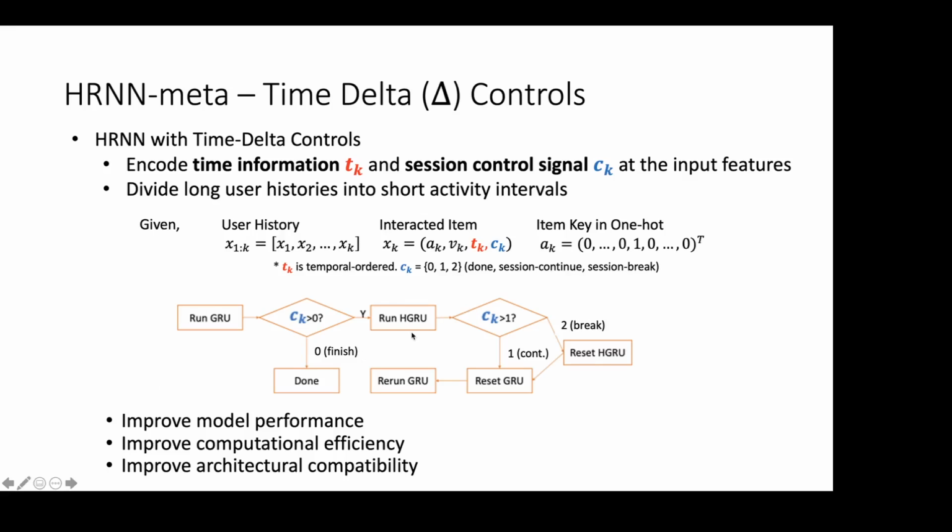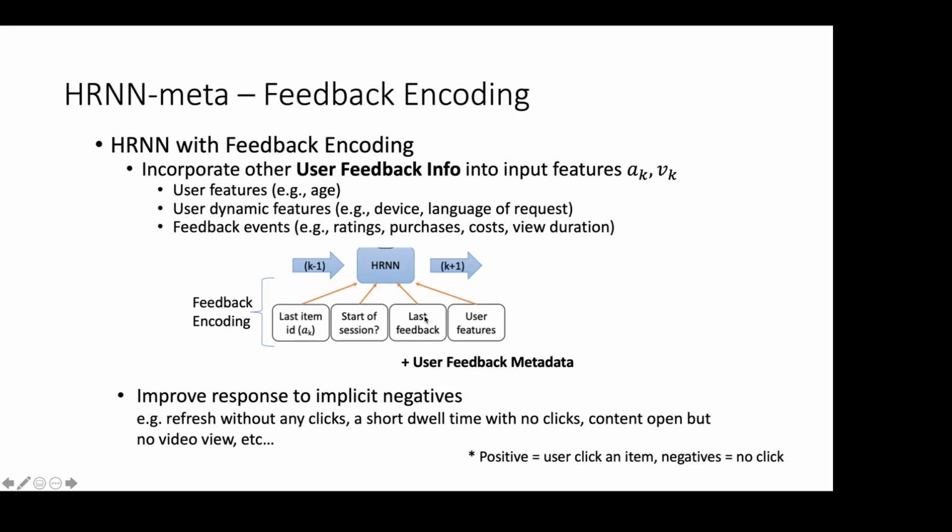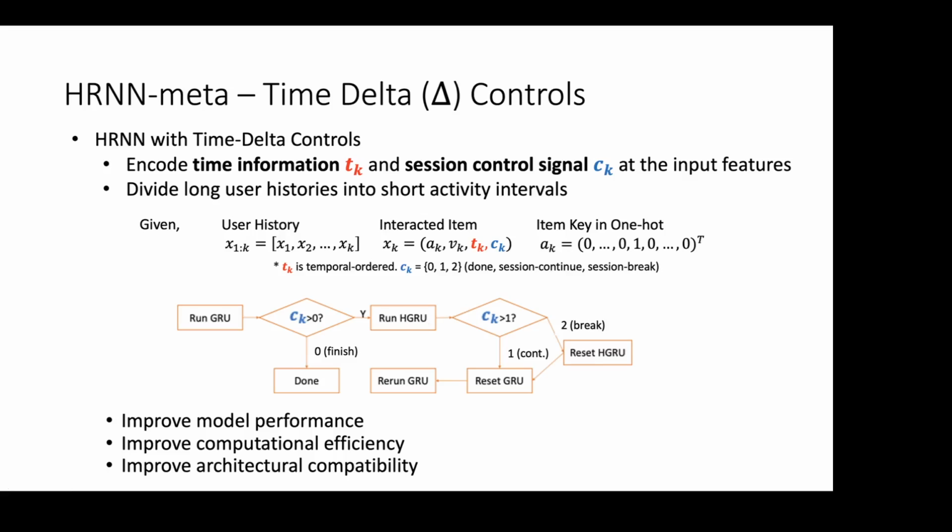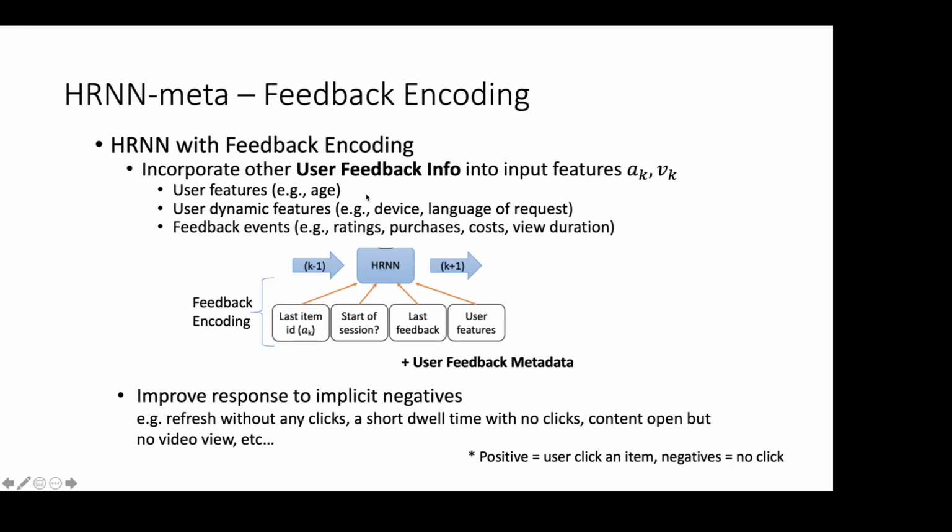Each HGRU refers to the user level HRNNs, and this GRU refers to the session level RNNs that were mentioned earlier, and they think that it can be replaced with other models, but they didn't mention the result.